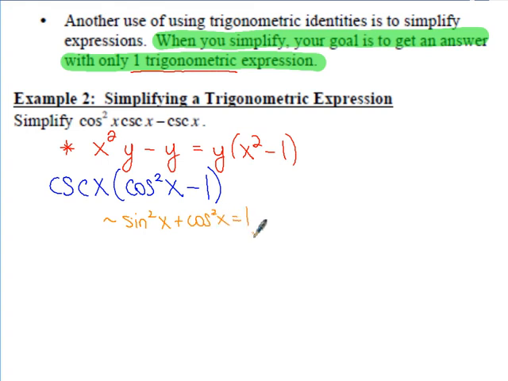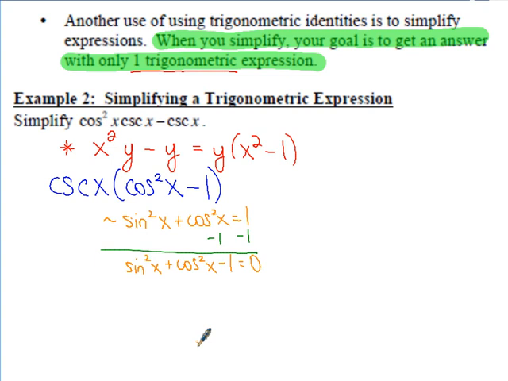Now what we're going to try to do is get a cosine squared x minus 1 on one side of the equation. In order to do that, I can just subtract 1 from both sides, and you have sine squared x plus cosine squared x minus 1 equals 0. How do I get this all by itself then? What do I need to do with my sine squared x?